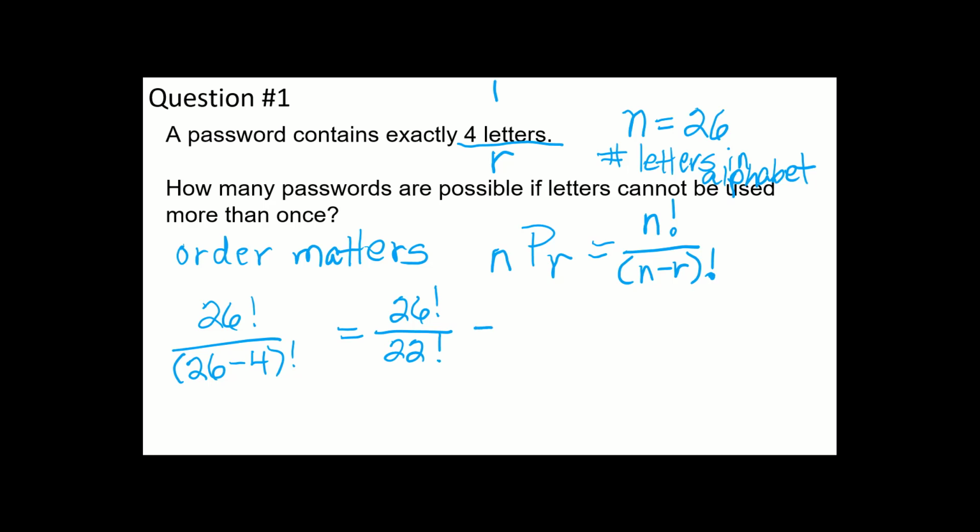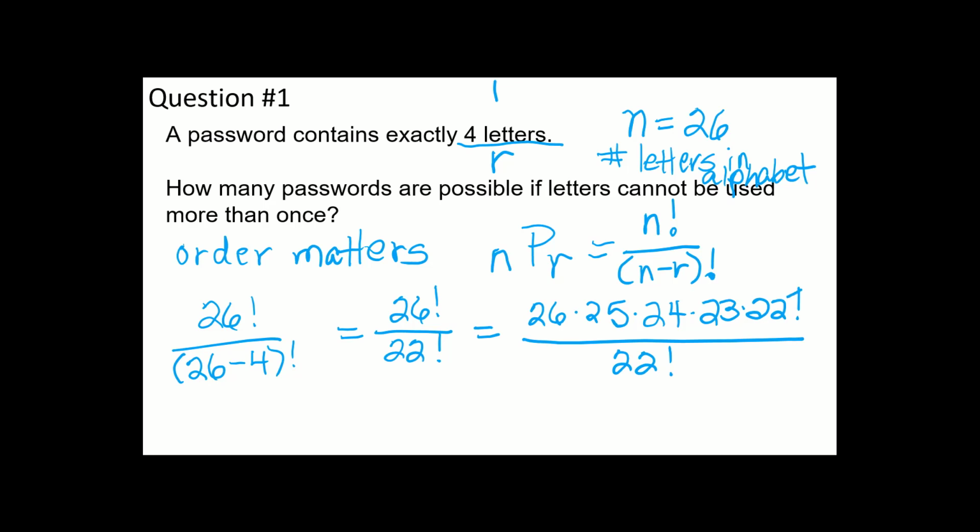Now, if you're doing it by hand, we'll write it out this way. 26 multiplied by 25 times 24 times 23 times 22 factorial. I'll stop right there because we have 22 factorial on the bottom. So I'll cancel here.